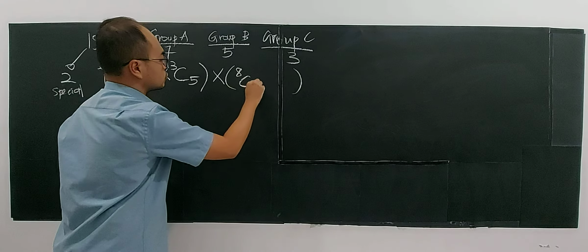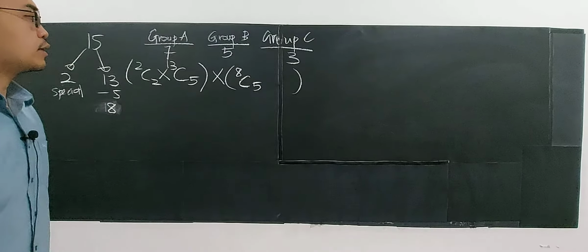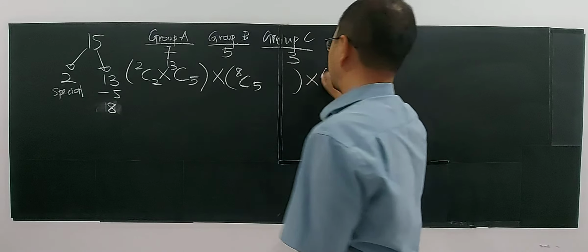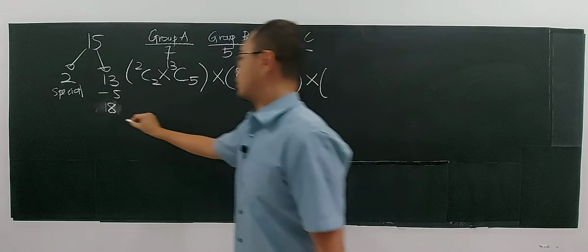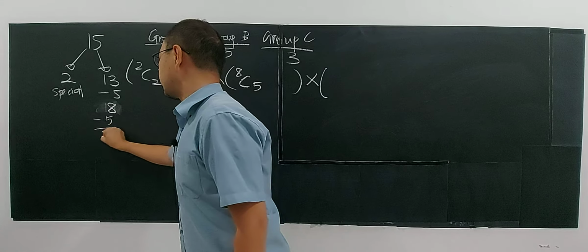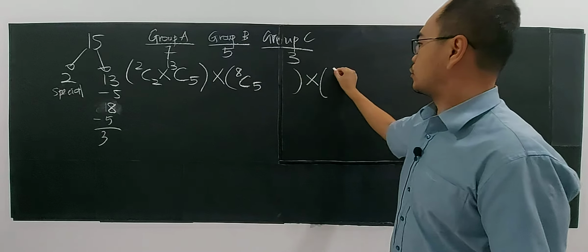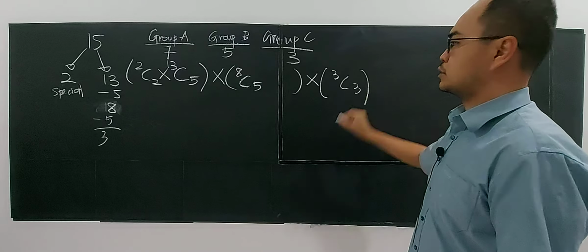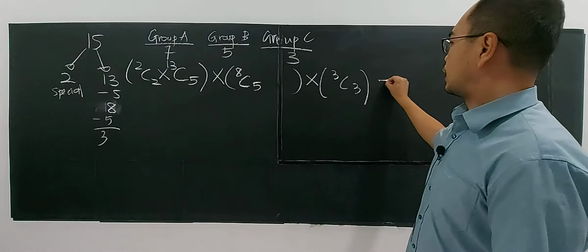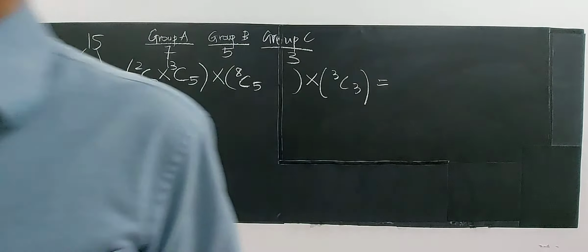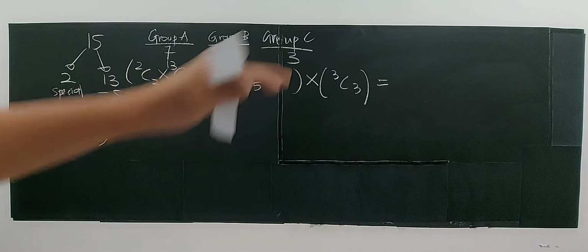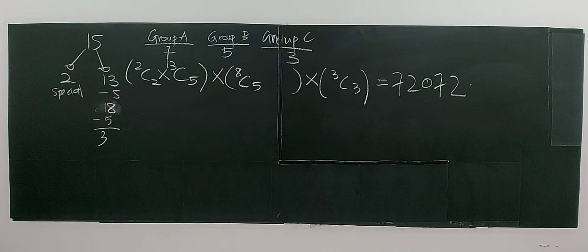The remaining 8 choose 5. Then 8 minus 5, you still have 3, because the 5 are already in group B. The remaining 3 will be in group C. So that comes to your answer. I just taught you one alternative, and you try to understand this. Your answer will be 72,072. I think that's all for this question. Hope you understand.